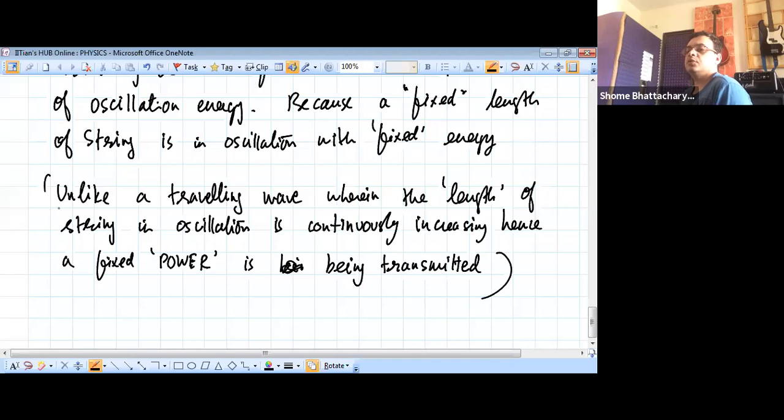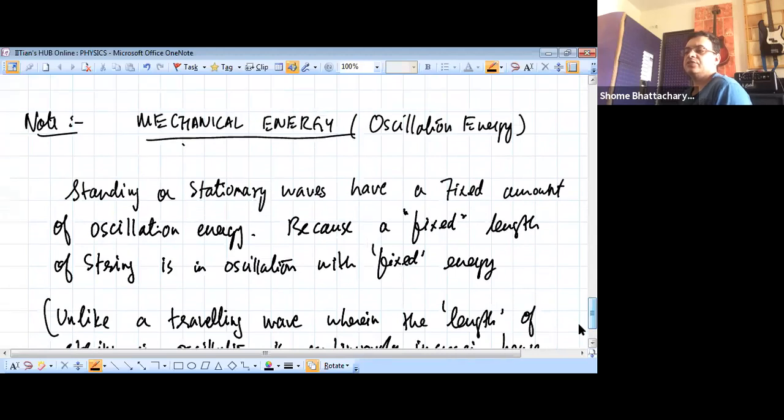That is a counter example. There it doesn't happen like this. It doesn't have a fixed amount of oscillation energy or mechanical energy. This has a fixed amount of energy.